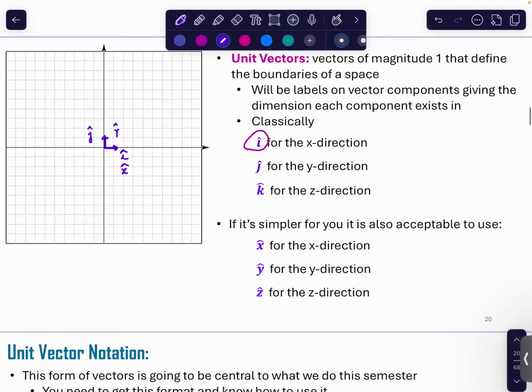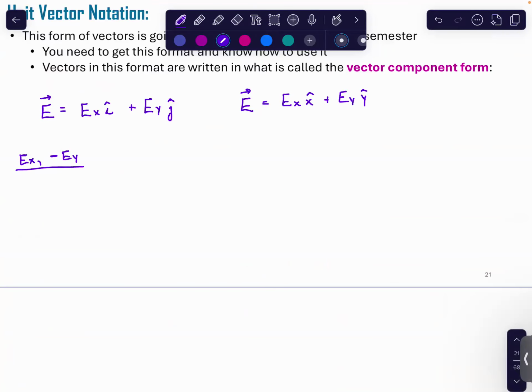Well, your positive and negative signs are going to go into the vector component form. So this electric field would be EX I hat minus EY J hat. Same thing if we had negative EX and positive EY.